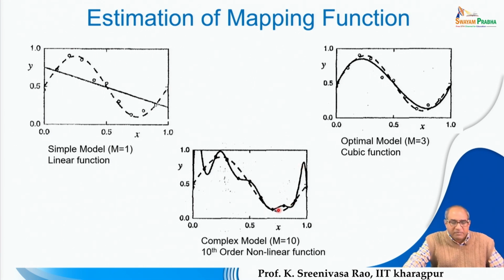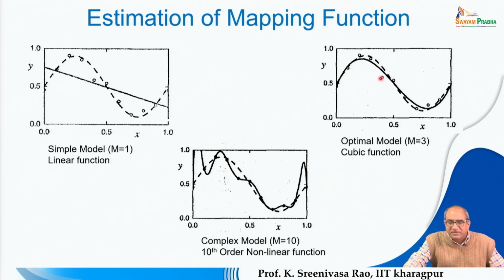This is not the actual underlying function. The actual function is a smooth sinusoid, but what we estimated has a sudden rise, then a sudden fall, and again rise and fall.